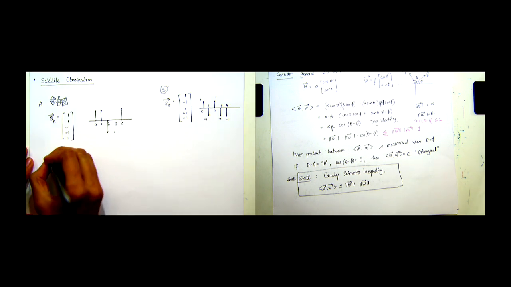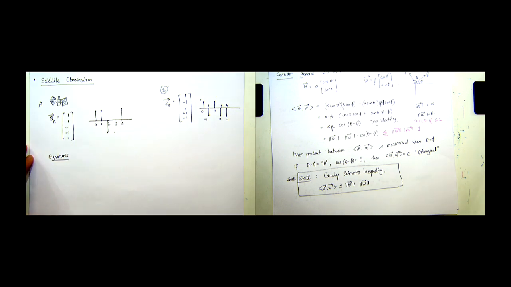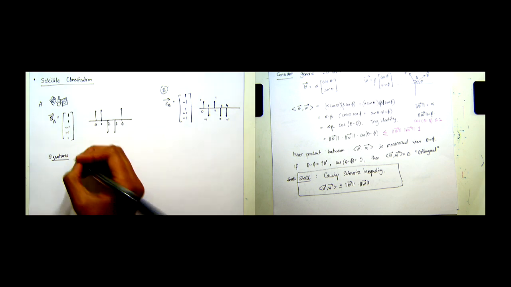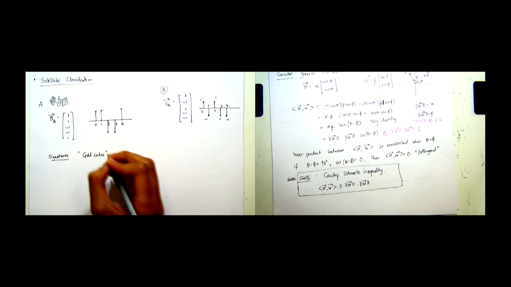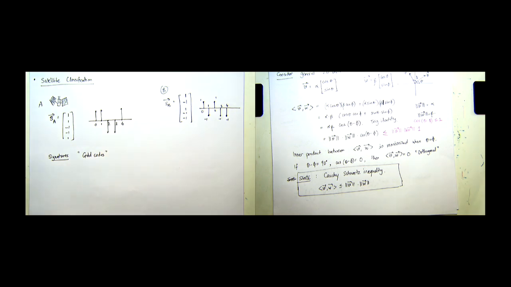So these signatures, as you will see on your homework as well as in the lab in the implementation of this, are called gold codes. Every satellite is assigned a pattern of plus and minus ones, which is their signature, and they keep transmitting this signature out.